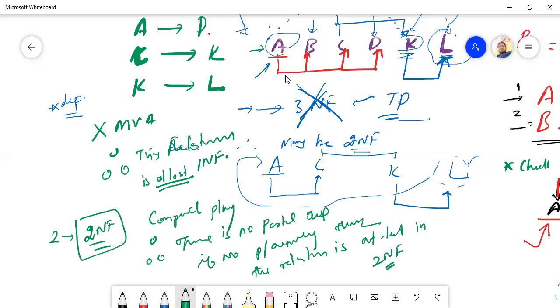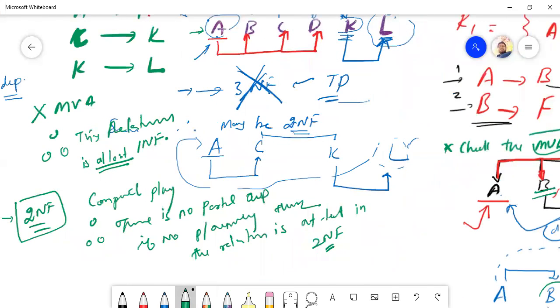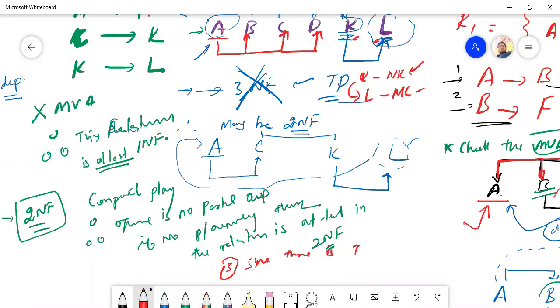Now we have to think about the third normal form. It is not necessary to even think. You know why? We can find this K and L. L is depending on K. K is a non key, L is a non key. So a non key is depending on another non key, so there is a transitive dependency.